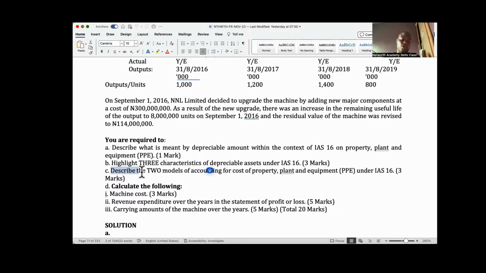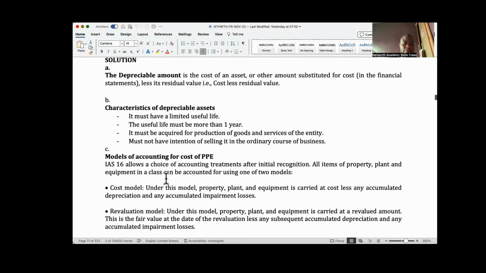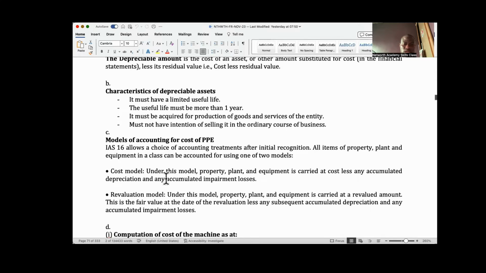Cost model is cost minus accumulated depreciation minus accumulated impairment losses. Revaluation model is revalued amount or fair value minus subsequent accumulated depreciation minus accumulated impairment losses. So all the solutions are here. Everything I've said, they are all here.